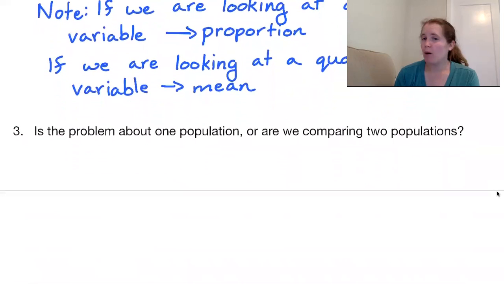Next up is the problem about one population, or are we comparing two populations? So this is just looking through the problem statement or the research question. Are we talking about one population or two populations?